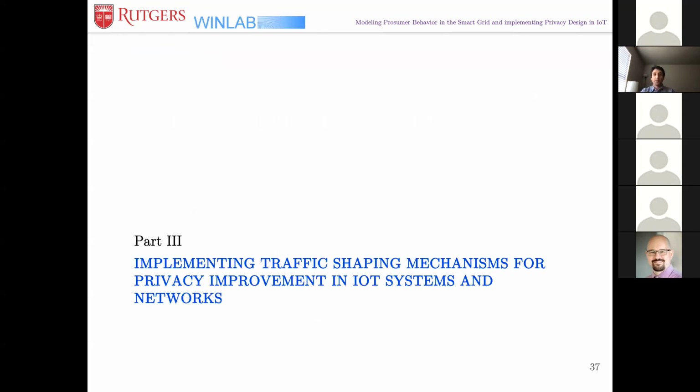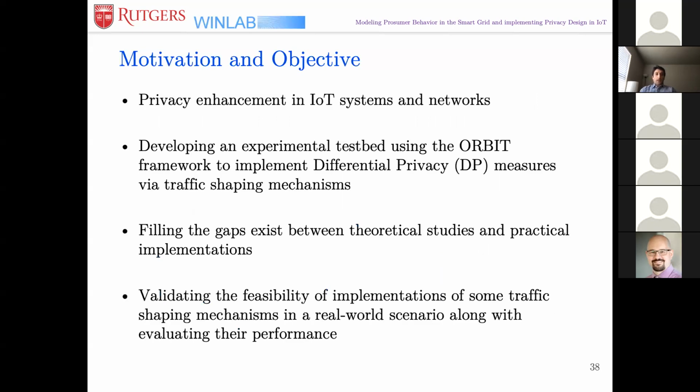Implementing traffic shaping mechanisms for privacy improvement in IoT systems and networks. Privacy leakage of the Internet of Things has become a great challenge with the popularity of IoT services.